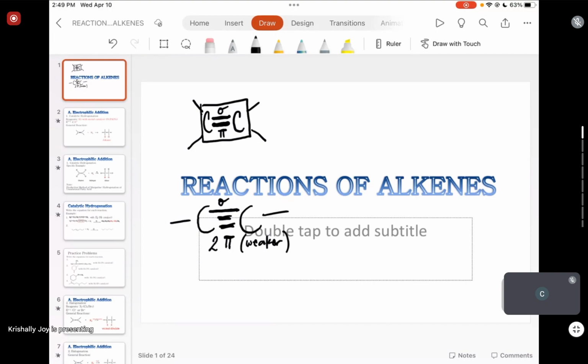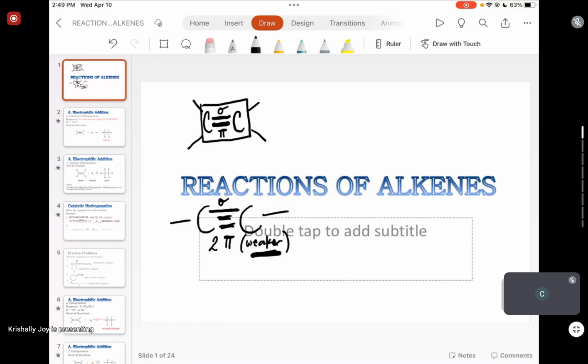If it is a weaker type of bond, madali lang siyang ma-break. Okay? So, for any alkenes at saka alkynes nga compounds, for their chemical reaction to proceed, kailangang ma-break yung weaker bonds, ma-break yung pi bonds, meron sila for the chemical reaction to proceed.